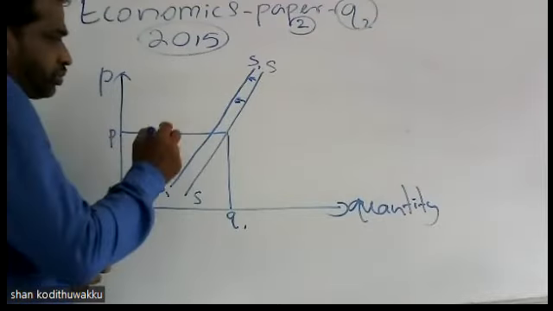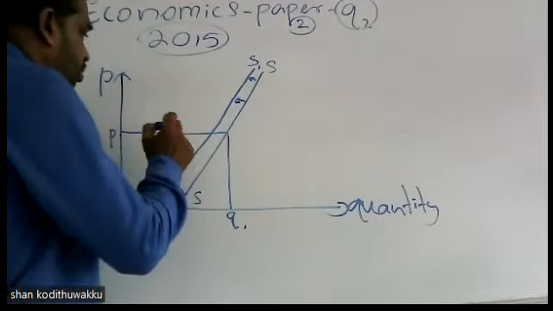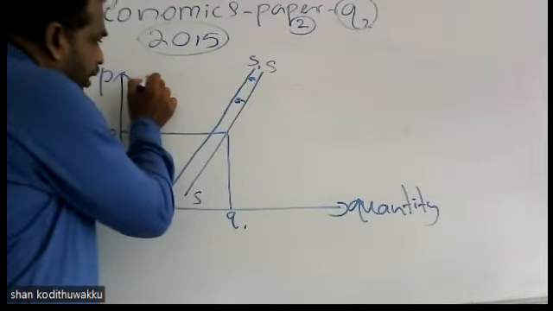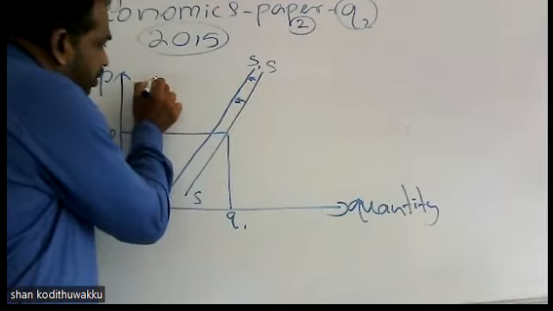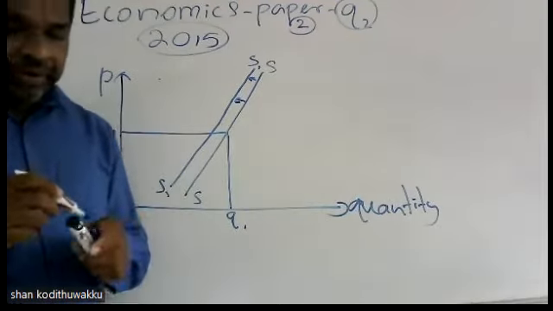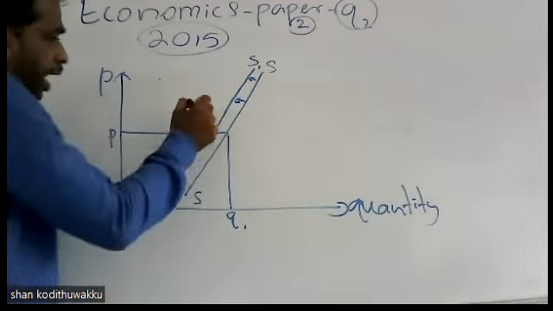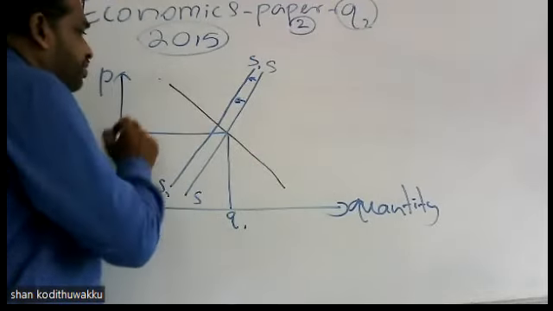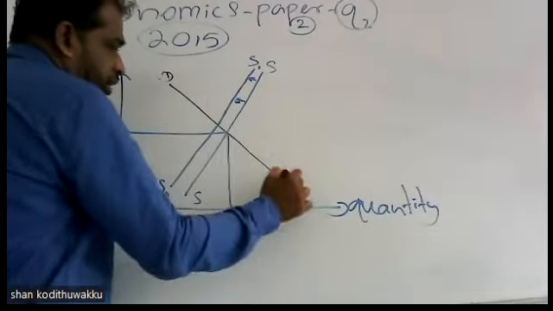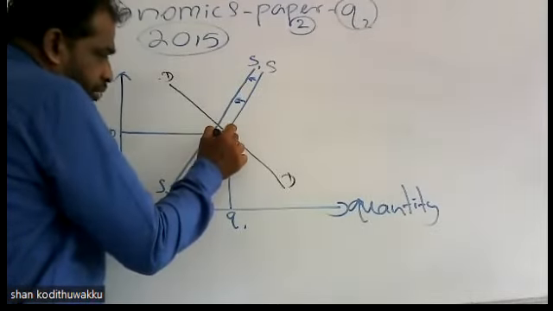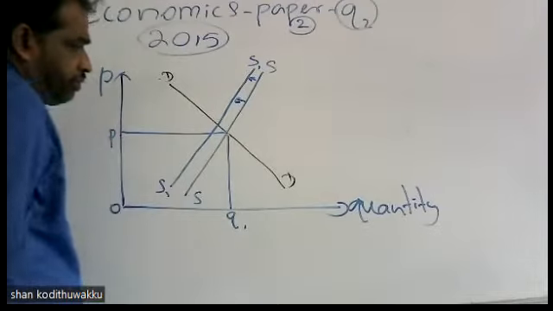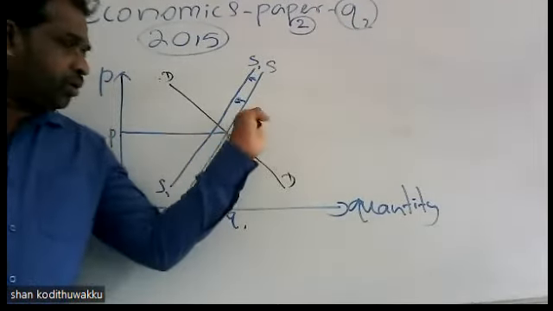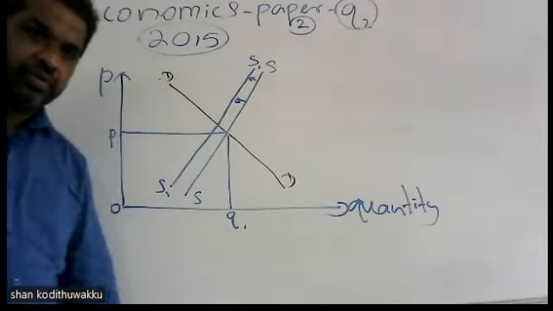Then if we take demand, like this is demand. In the market, we have equilibrium price P and quantity. No change in demand because there is a change only in the supply curve.